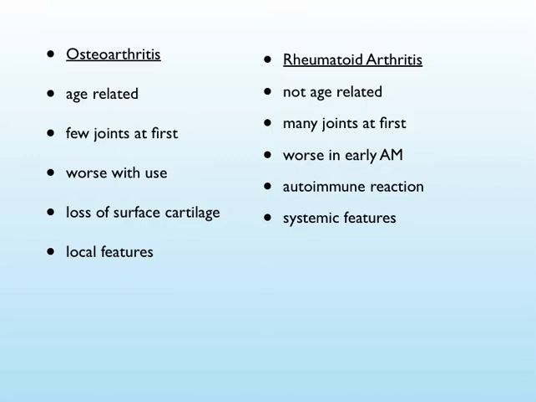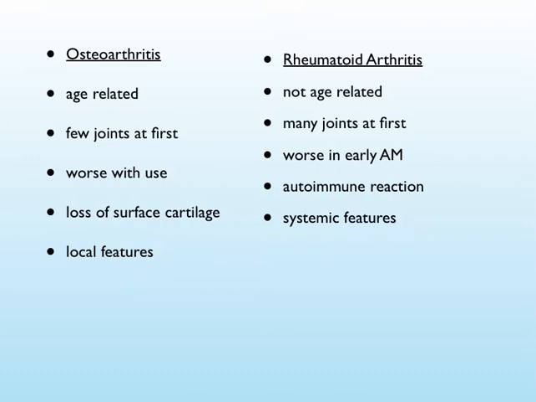Osteoarthritis typically affects just a few joints at first, in contrast to RA, in which many joints are involved in the beginning. Osteoarthritis tends to be worse with use and worse pain at the evening and night, whereas rheumatoid arthritis tends to be worse early in the morning when you get out of bed.